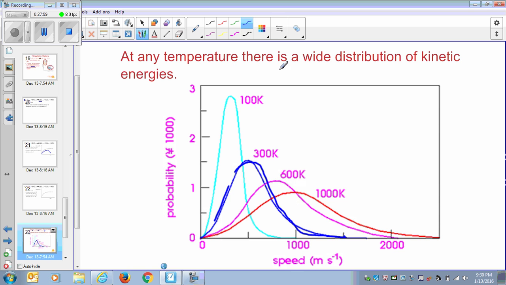At any temperature there is a wide distribution of the kinetic energy. Since these are my reactants and these are my products, this area gives me the average kinetic energy of the particles. If I decrease the temperature, my curve goes up because I have to keep the area the same. So the kinetic energy will distribute among the particles to keep the area the same.